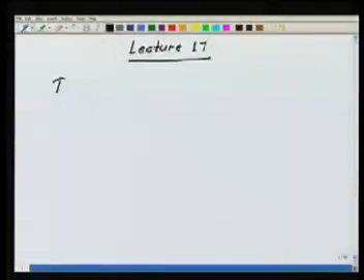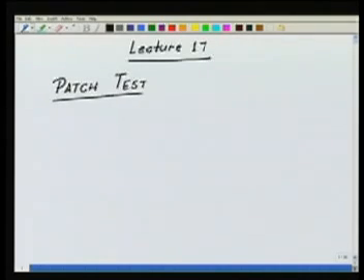In a fleeting way, it was mentioned in the last lecture that we can do something called a patch test to check the one-dimensional program. There are various definitions of these patch tests given in various books. What we are going to do is something very simple.